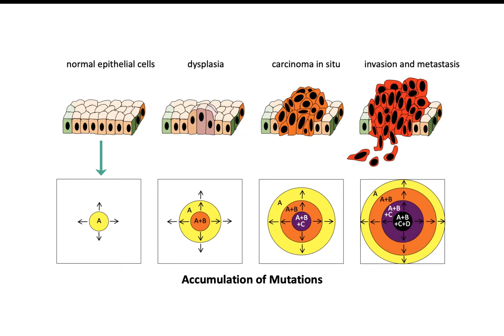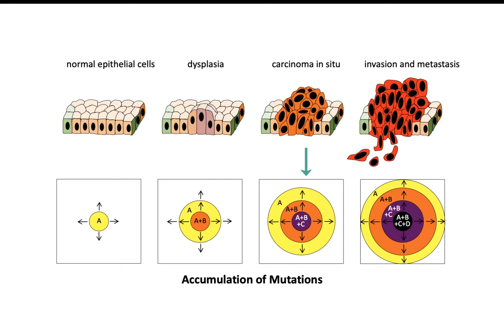They continue to divide, and if you get a second mutation, now the cells in the center have both of those mutations, but you still have a ring around that containing cells with the original mutation. Additional mutations are normally caused by at least one or several key genes affecting either the correction mechanisms for the mutations or directing the mutations themselves.